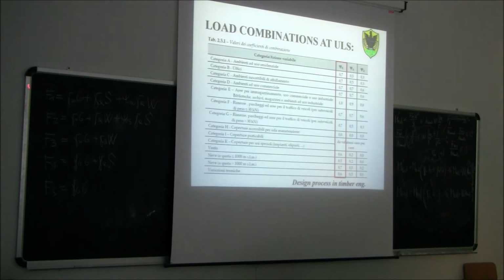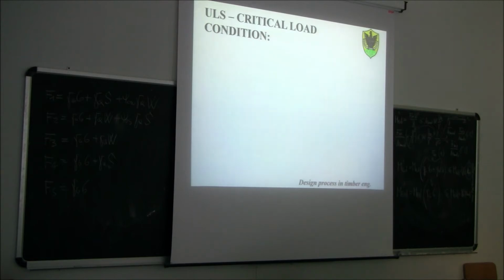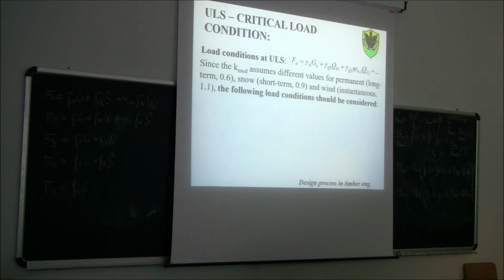Then, in order to calculate these load combinations, we need to know the combination coefficient, psi 0, for wind 0.6, for snow 0.5. So, critical load conditions. Strictly speaking, we need to write all those 5 load conditions that we discussed before.